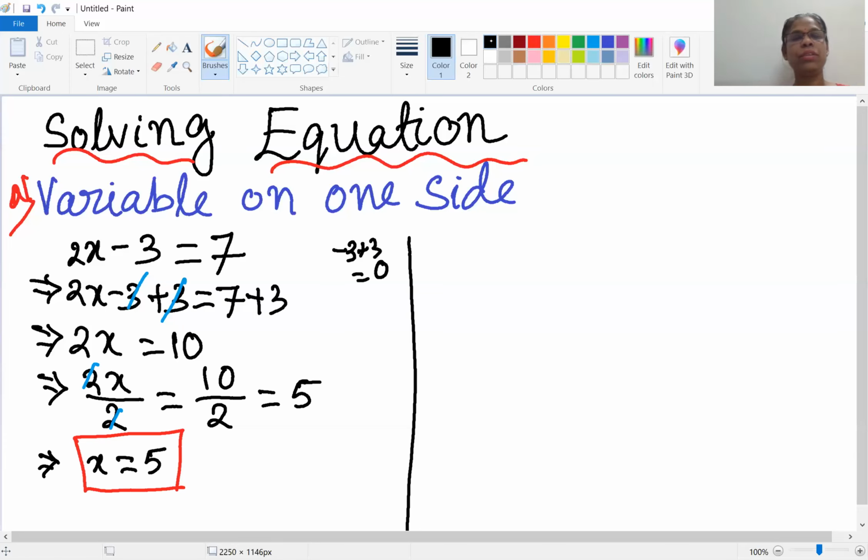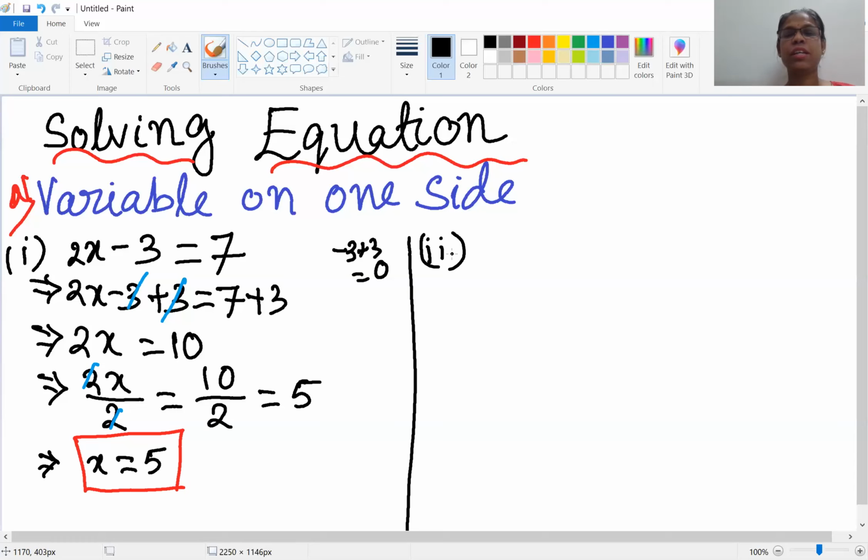Moving further to the second procedure, procedure number 2. This was procedure number 1, and I am now explaining procedure number 2. This procedure is based on the movement of numbers from the left hand side to the right hand side, or from the right hand side to the left hand side.